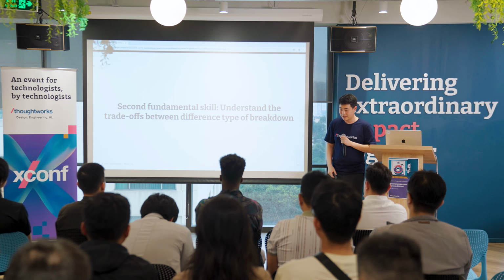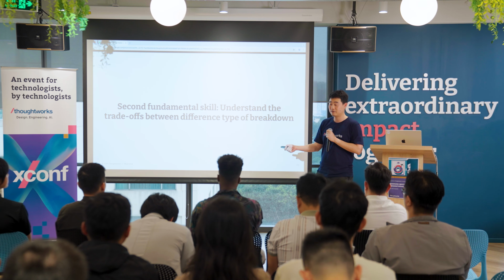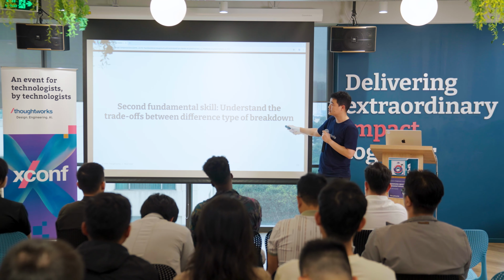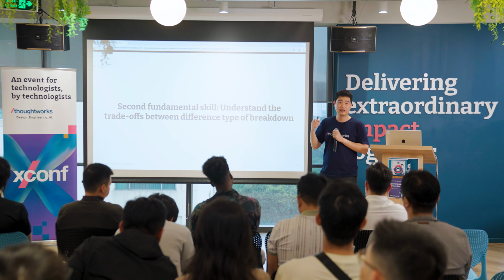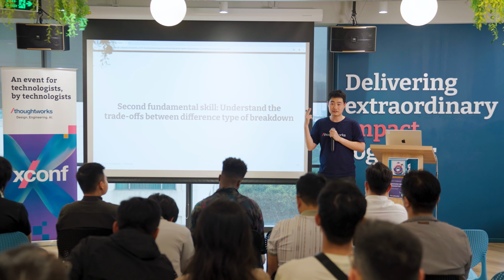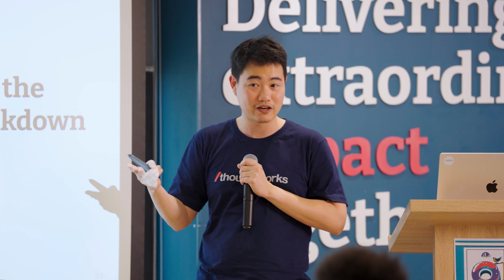So that means the second fundamental skill is that one requirement can be solved in many different ways. Understanding the trade-offs between each type of breakdown is the second fundamental skill that still remains even if you don't do coding by hand at all.